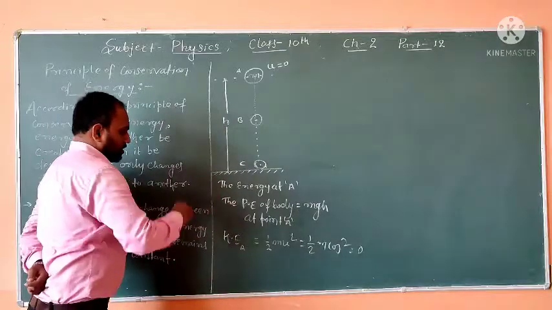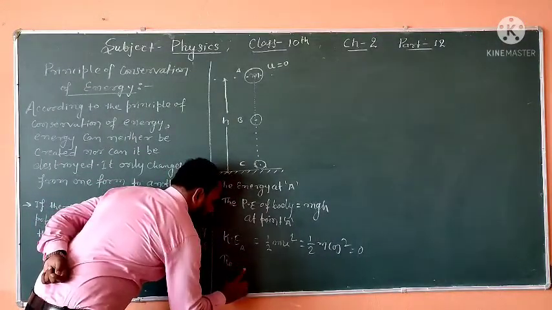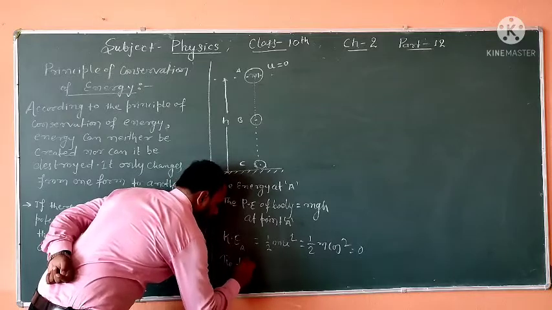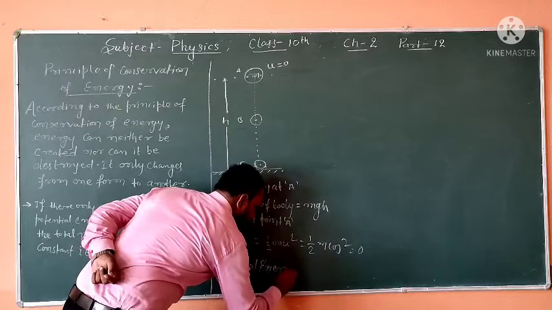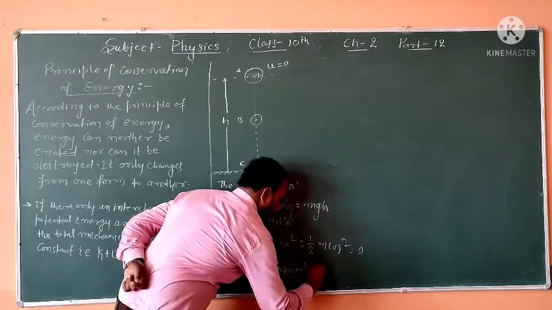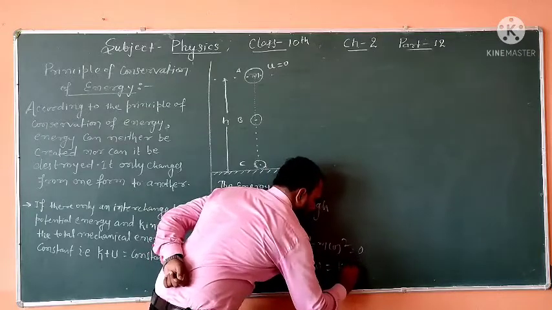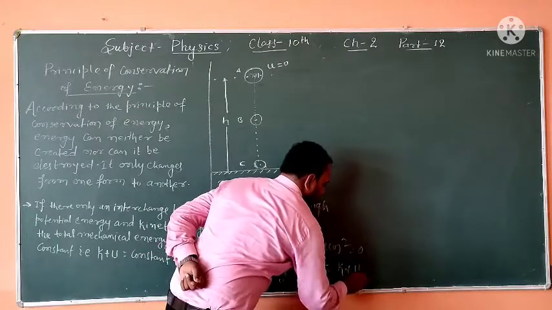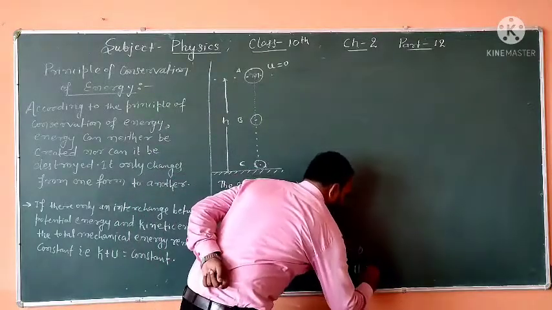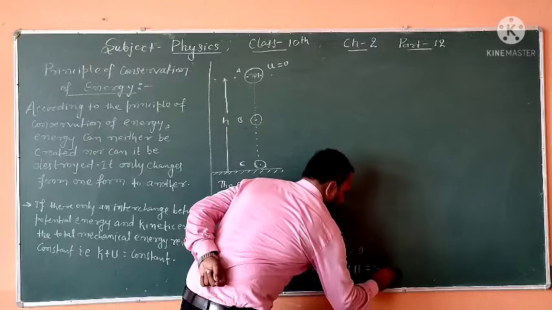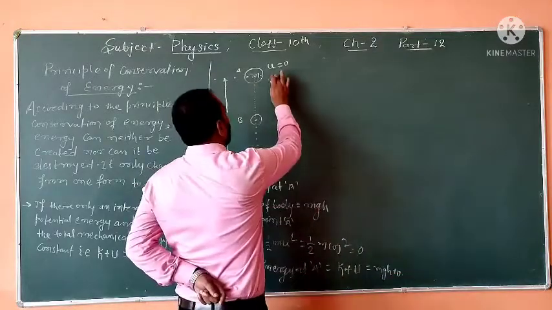The total energy at A will be kinetic energy plus potential energy, so that will be equal to mgh plus 0.